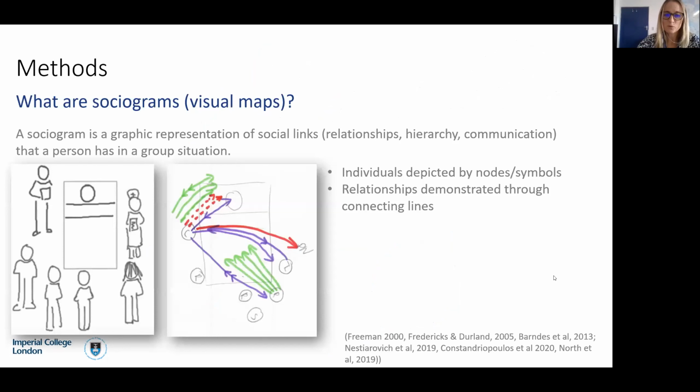In previous work, we'd used something called sociograms, which are visual maps, graphic representations of social links that a person has in a group or situation.